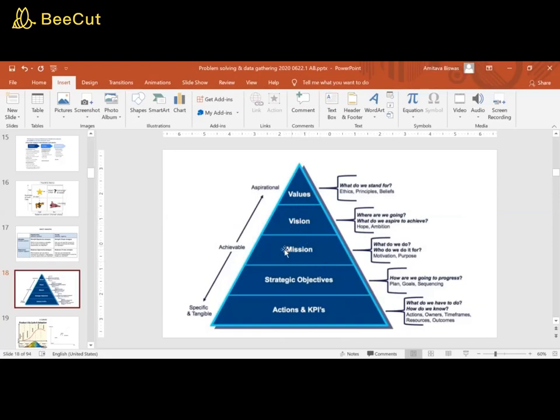You have a mission, is the vision is, what do you want to be at some point. The mission is how you're going to get there, what are you going to do, right? What are the strategies you're going to follow to do that? What actions are you going to be doing? KPIs is key performance indicators. This is the analytics part of it, right? What are the metrics that tell you whether your actions are actually meeting your strategic objectives and so on, right? There's a lot of different ways that these pyramids are put together.